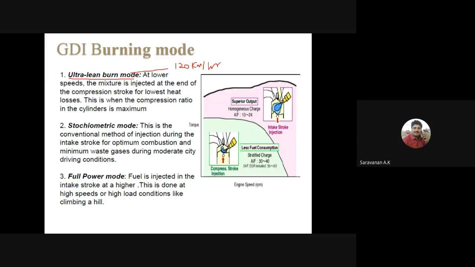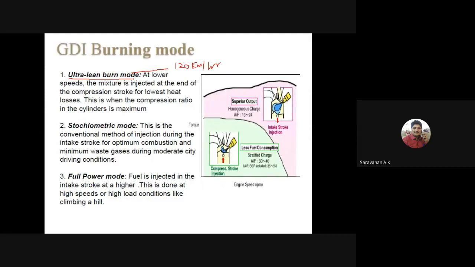Superior power means the engine operates at a higher load as well as higher speed. At that time, we have to optimize the combustion with homogeneous charges, and at the same time the cooled air fuel mixture minimizes the possibility of knocking.